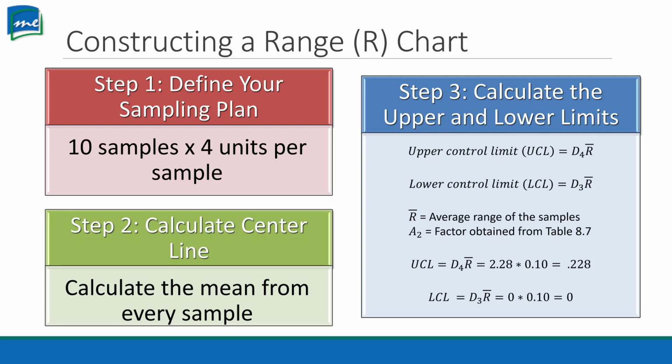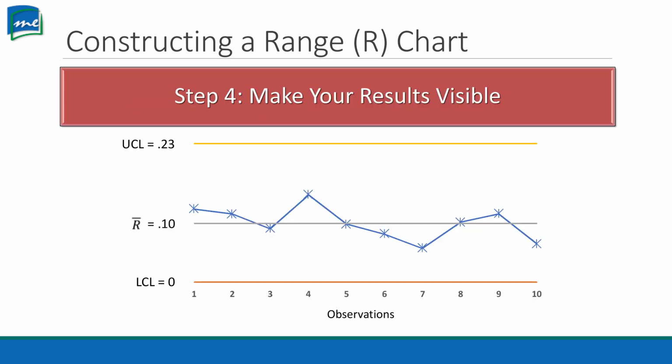It can't happen. So our lower control limit is usually, if not always, going to be 0. So we just need to plot the chart. So this is what our range chart, or R chart, is going to look like. So our center line is 0.1, and everything's dancing around 0.1. I would say it's in control.